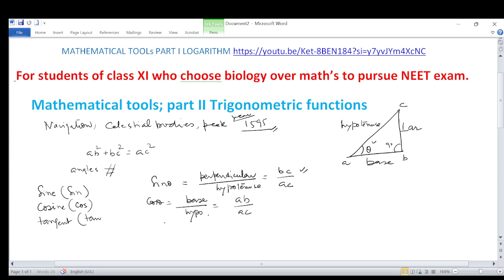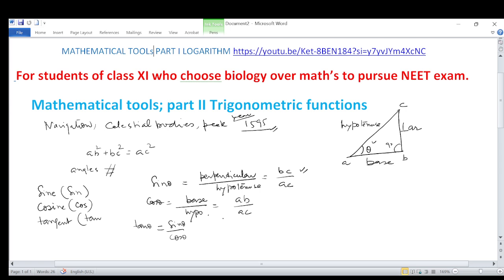And tan theta is derived from sine theta and cos theta: sine theta upon cos theta is tan theta. To be very precise, all of you have to go through sine theta and cos theta. If you know sine theta and cos theta, you will understand what tan is.